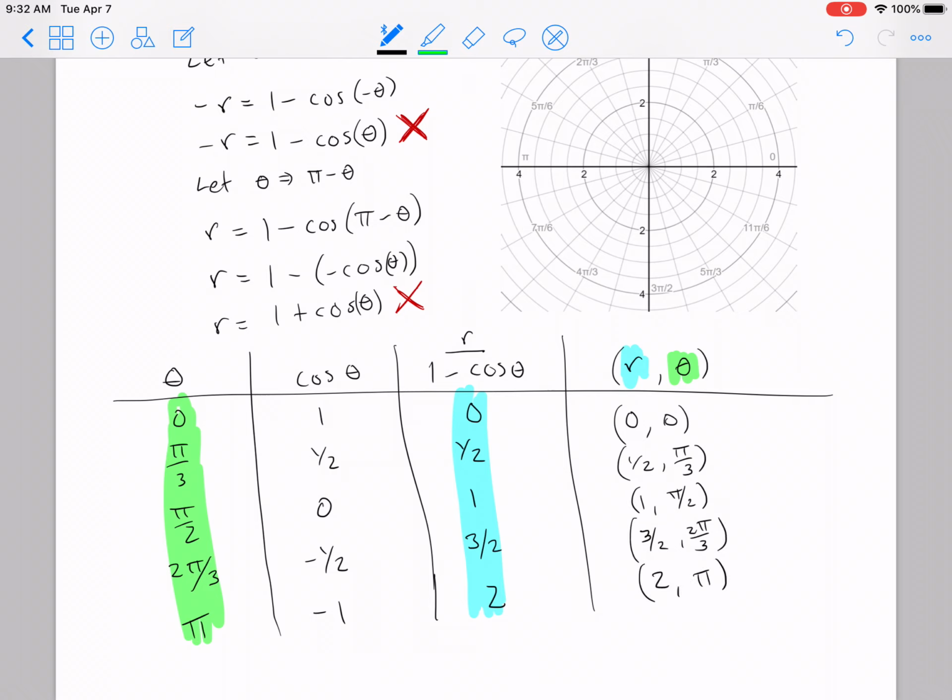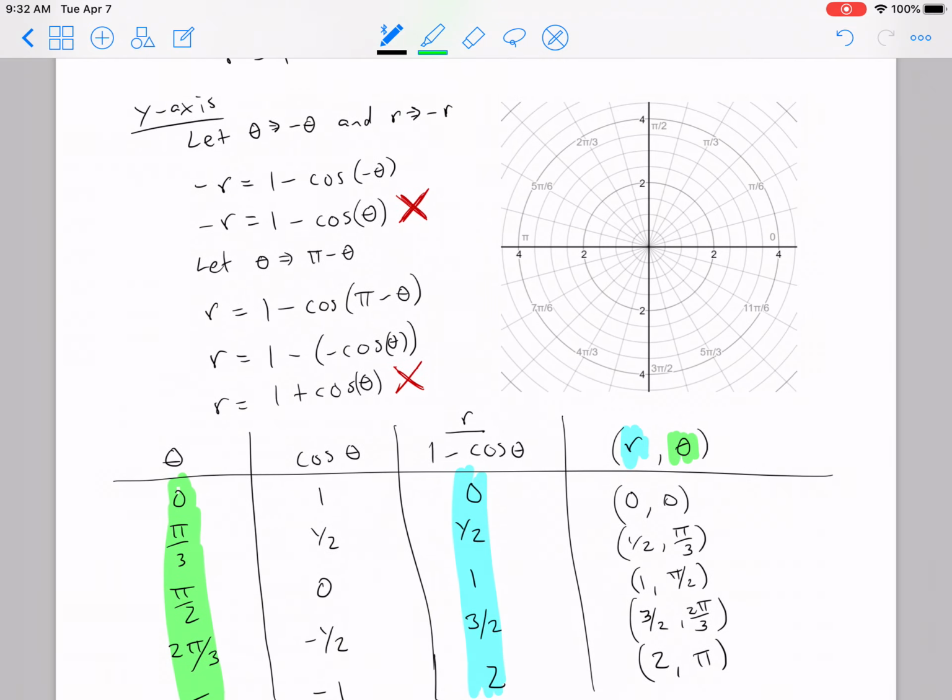And so we can just go back up and start plotting some of these points. So 0, 0, that one's going to be right there. We're going to have 1/2 for the radius, and then an angle of pi over 3. So we've got pi over 3 right here, and this is 2, so this is 1, so this is 1/2 on this little circle.